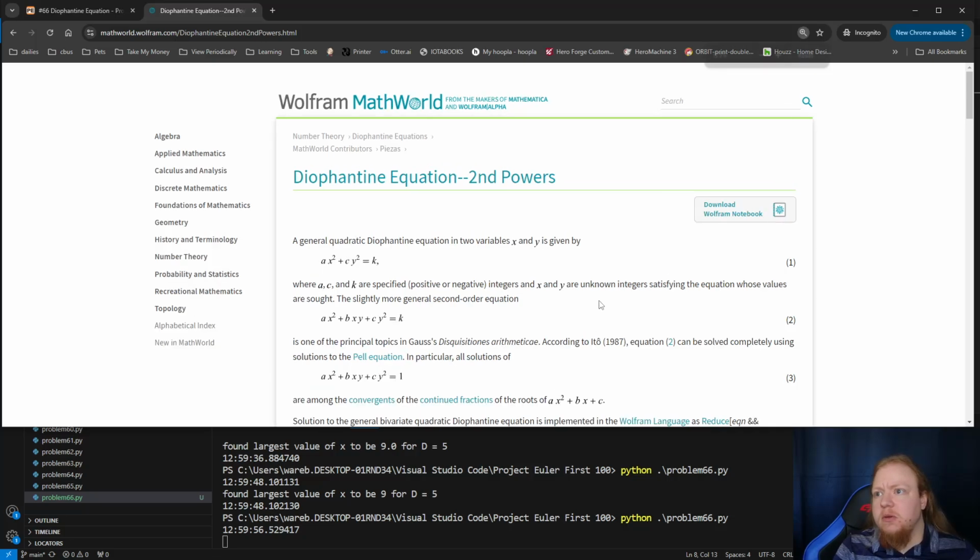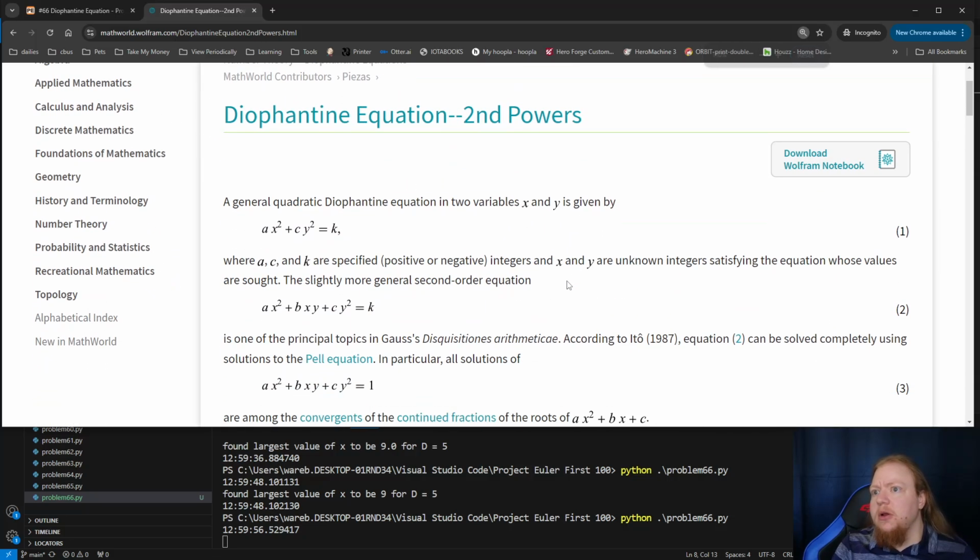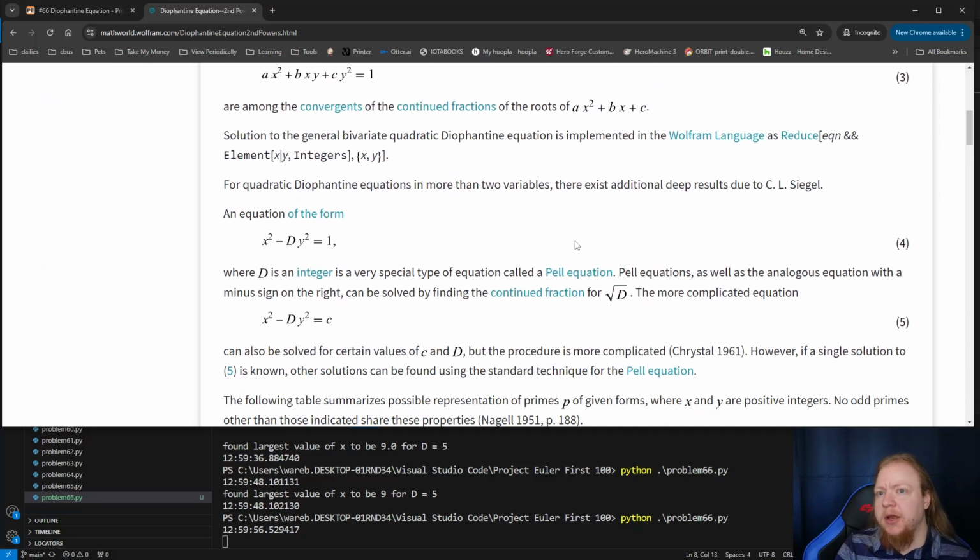Let me make this a little larger for y'all. This is basically the general quadratic Diophantine equation that we are looking at, but a is equal to 1, k is equal to 1, and c is the number word incrementing.